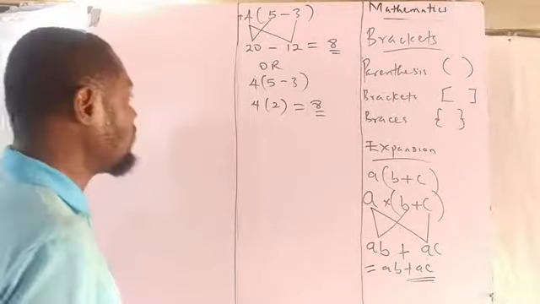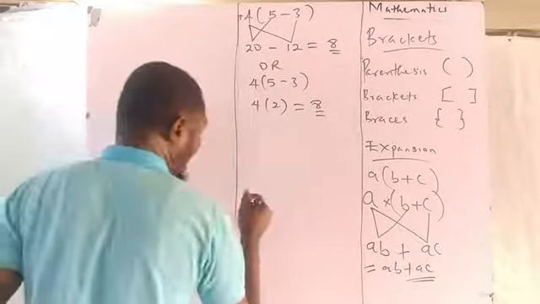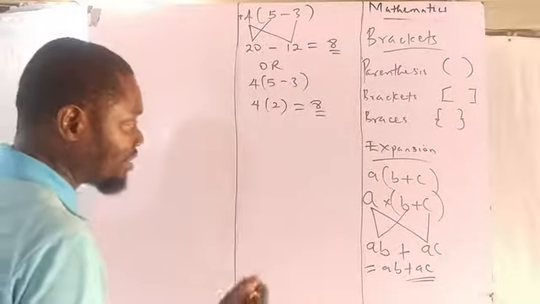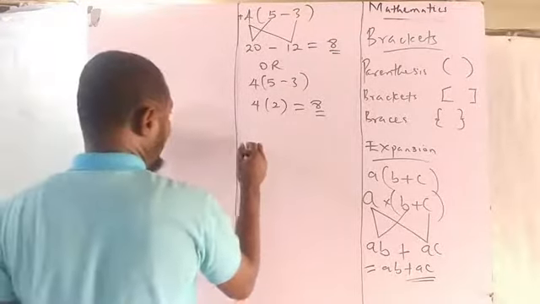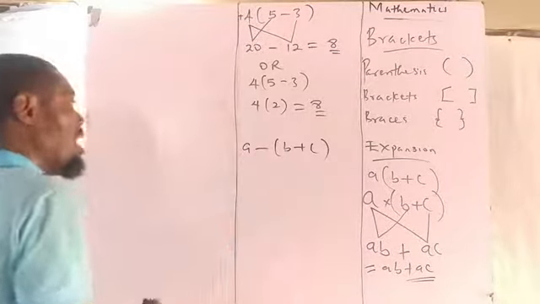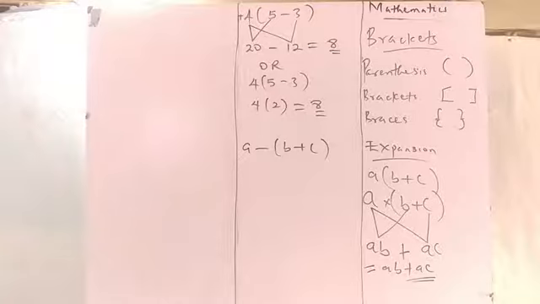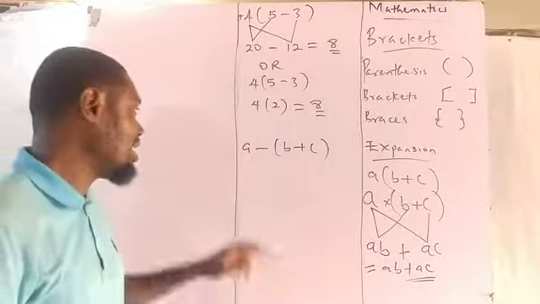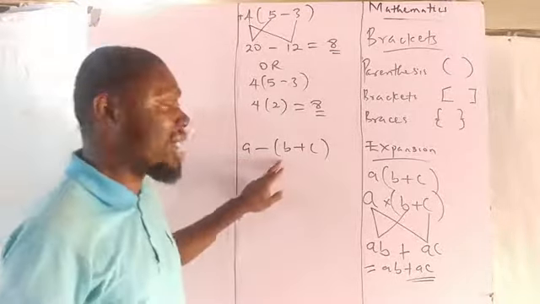And if you have problems of this type, where the numbers are not attached to the bracket, for example, you have A minus the bracket B plus C, and you're asked to expand that bracket. In this case, you will notice that A is not attached to the bracket.